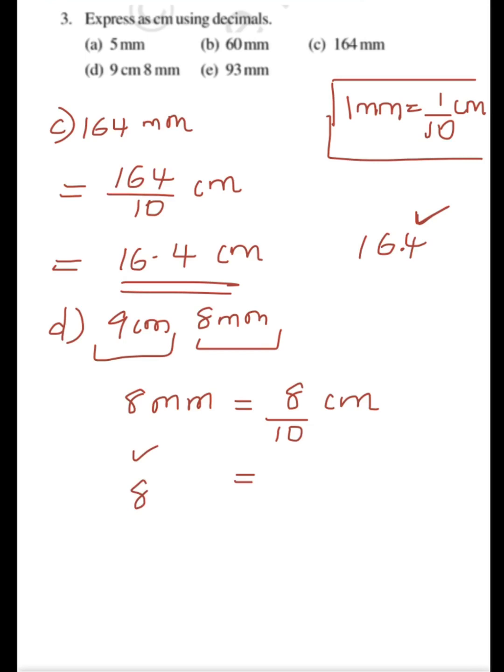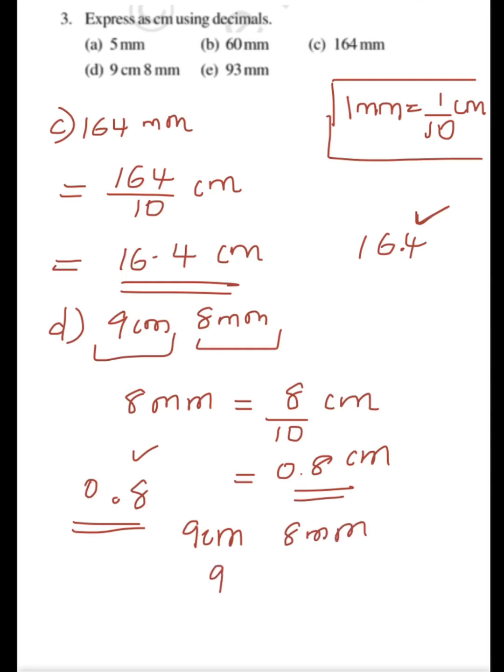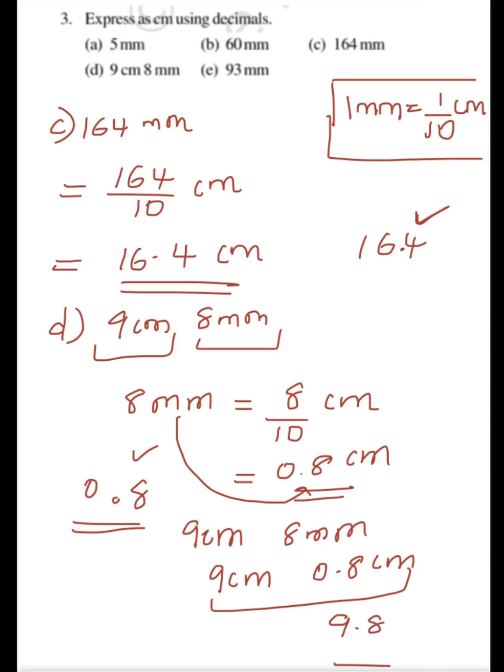So you can put the decimal point here. So 0.8 centimeter. But our question is 9 centimeter 8 millimeter. That means 9 centimeter, and 8 millimeter you have converted into centimeter, which is 0.8 centimeter. So in total you can write it as 9.8 centimeter, which is our answer.